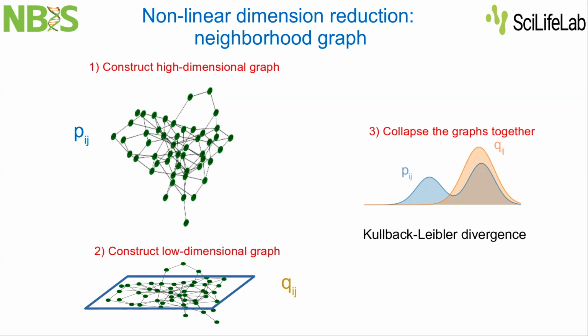It's a standard way in machine learning to make two probability distributions as similar to each other as possible. You compare this P and Q distribution and try to make these two graphs, or these two sets of distributions, as similar as possible through optimization of a cost function called Kullback-Leibler divergence. So that's it. Basically, that's the hand-waving explanation.